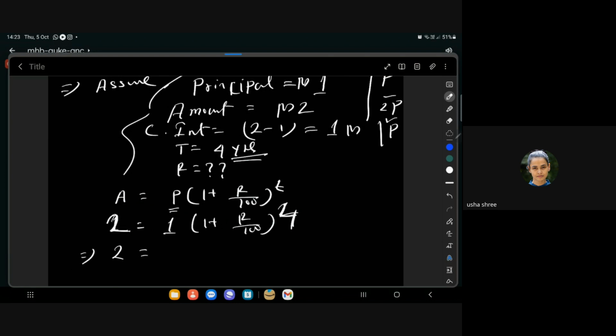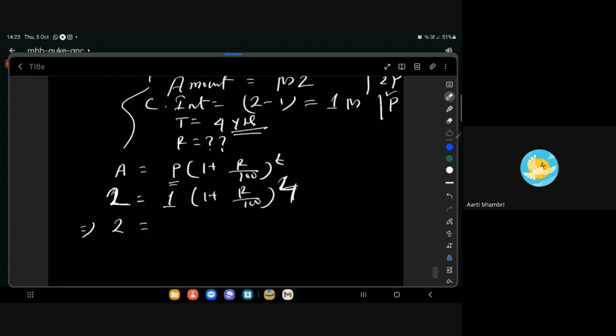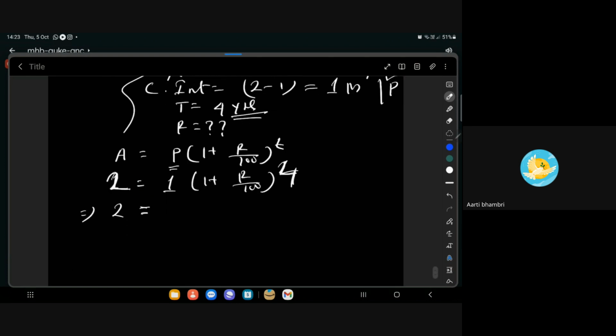So it will give you how much? 1 plus R by 100, and the 4 comes to the other side, so it will be raised to the power 1 by 4. So it will give you 1 plus R by 100 to the power 4.